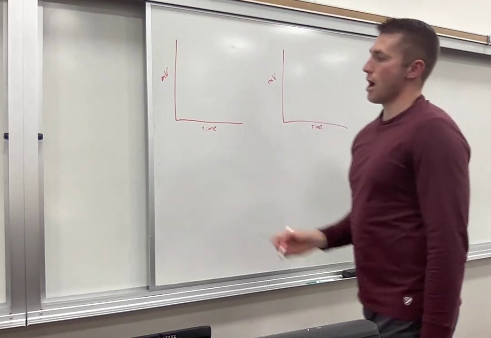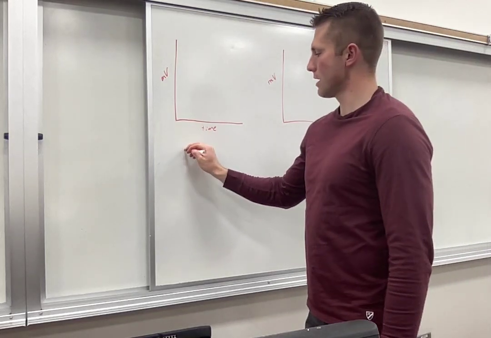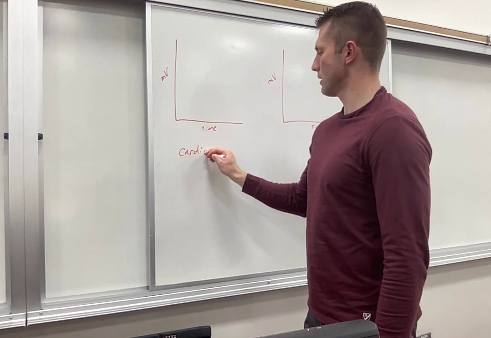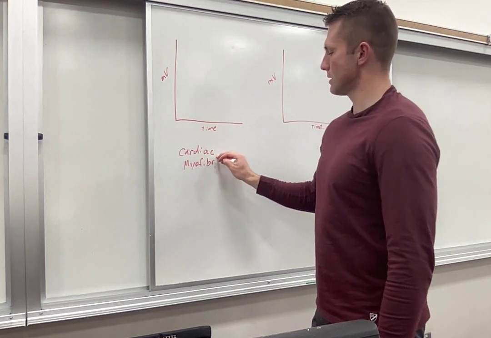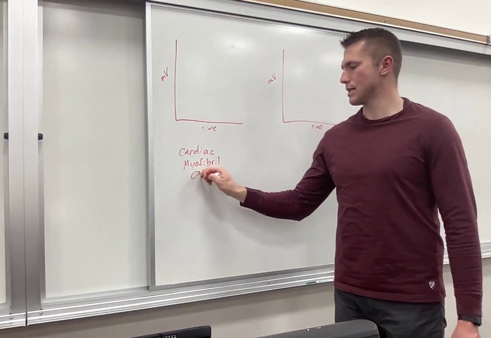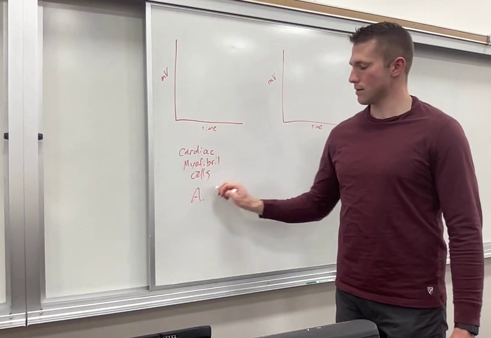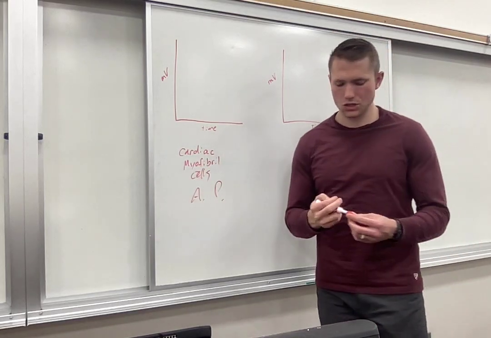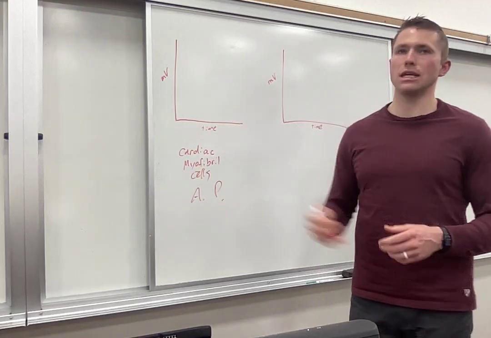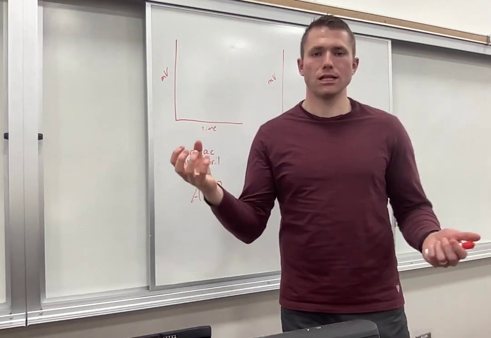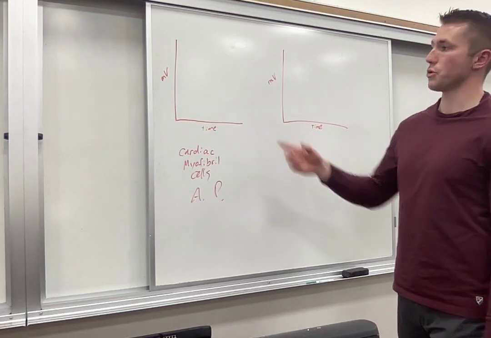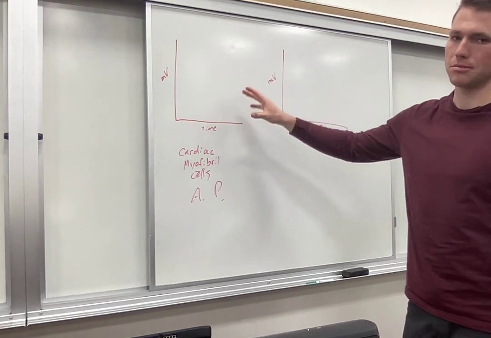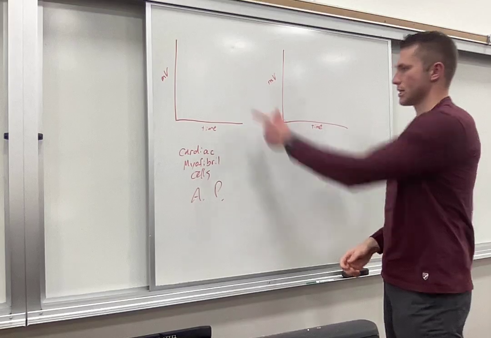All right, we're going to start with cardiac myofibril cells. This is the cell's action potential. This is just the muscle cell of the heart, and we're going to be focusing on the membrane potential of the myofibrils in this graph.